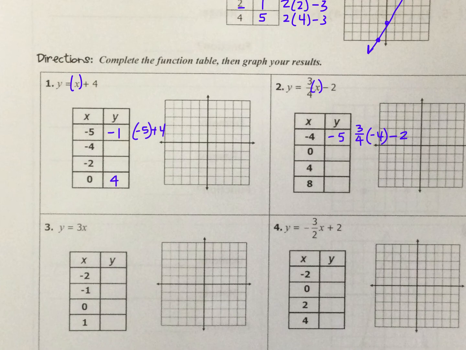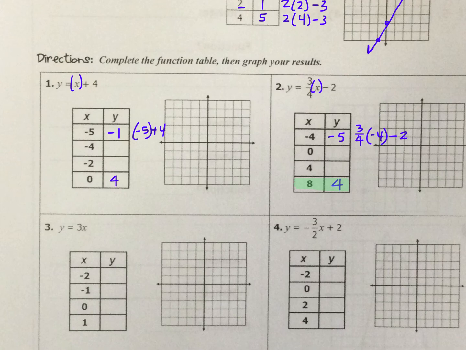If I do this one at the bottom, I would do 3/4 parentheses 8 minus 2, and I would get a 4. And just so you're aware, this one right here, you won't be able to put on the graph because it only goes to 5 and that goes to 8. There'll be a couple of those and I'll highlight them for you.